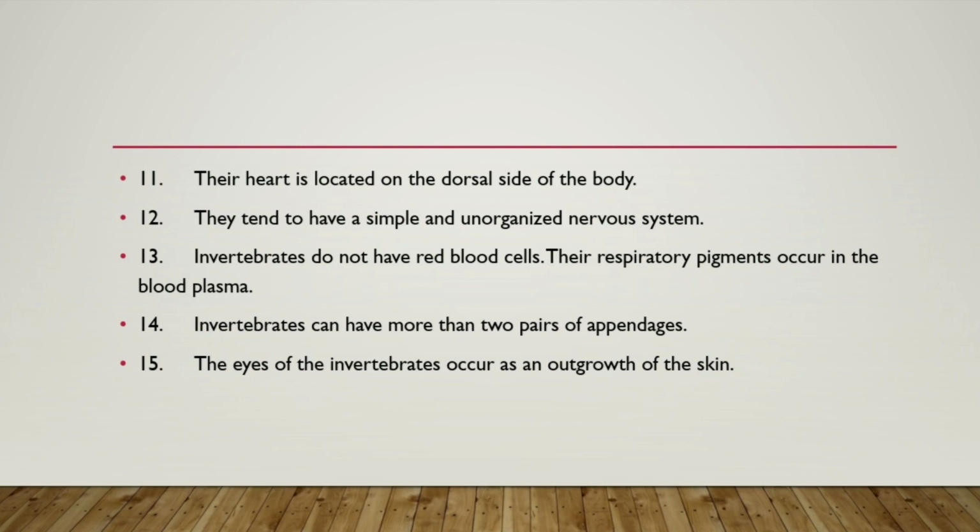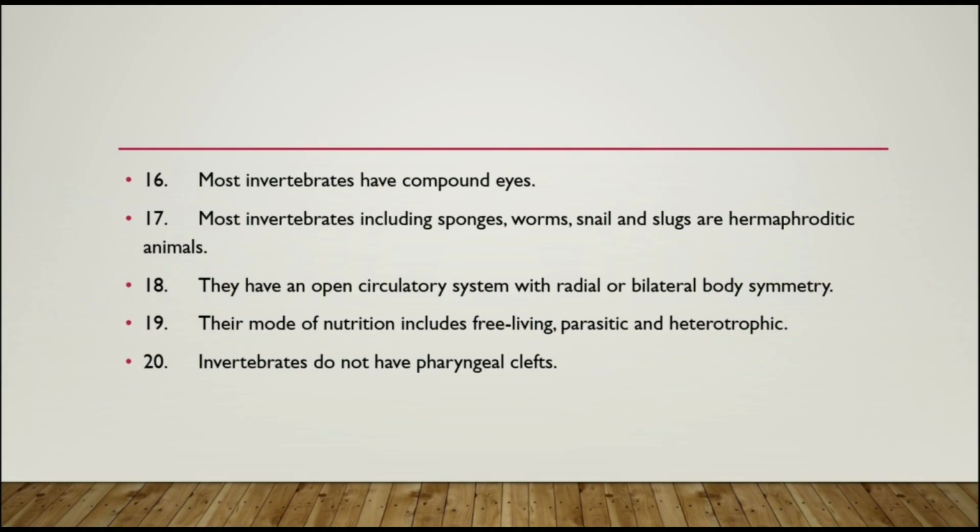They have a nervous system that is simple and disorganized, and then wala silang red blood cells. The respiratory pigments occur in blood plasma. Invertebrates can have more than 2 pairs of appendages. Invertebrates' eyes develop as a result of skin development. Compound eyes are found in the majority of invertebrates, and then most invertebrates are hermaphroditic.